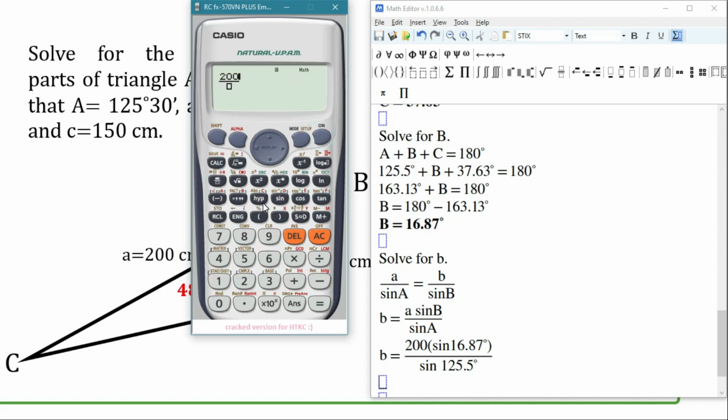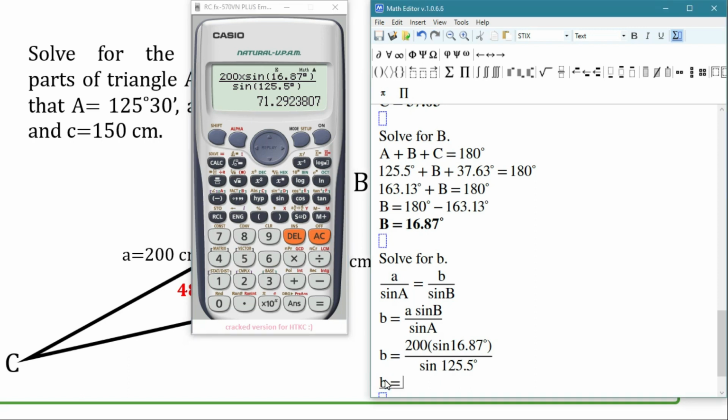That is 200 multiplied by the sine of 16.87 degrees over the sine of 125.5 degrees. Alright, and that will yield 71.29 units or centimeters.